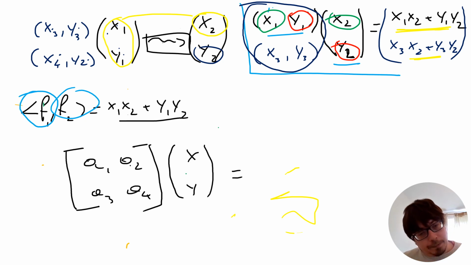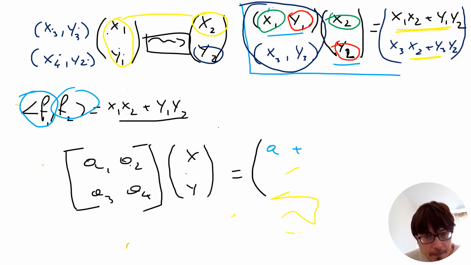If we now do the scalar product of each row with the vector, taking the rule that we know from above, we can create a new vector here, which is a1 x plus a2 y, and then a3 x plus a4 y.